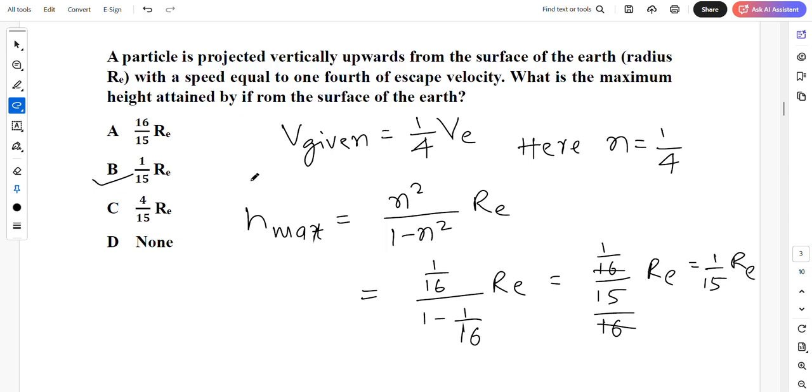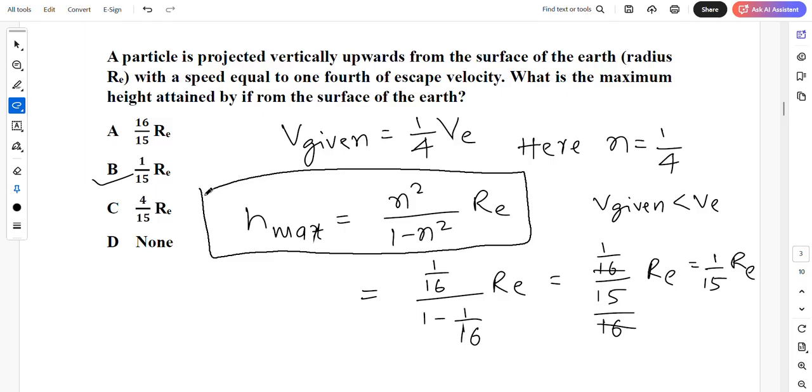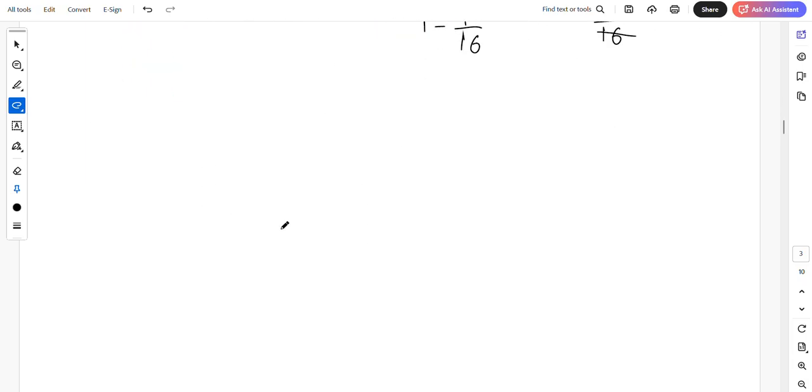Hope you understood. Here v given is less than escape velocity, because 1 by 4. This is the formula you can use. We'll go to the next problem.